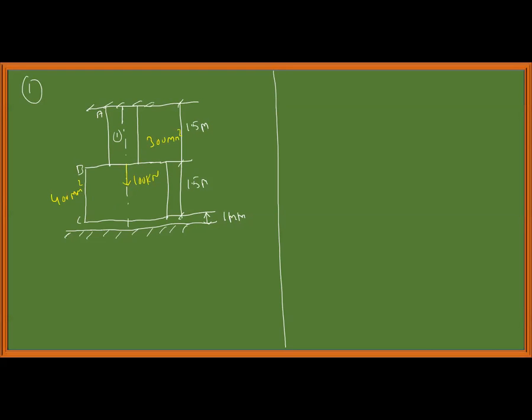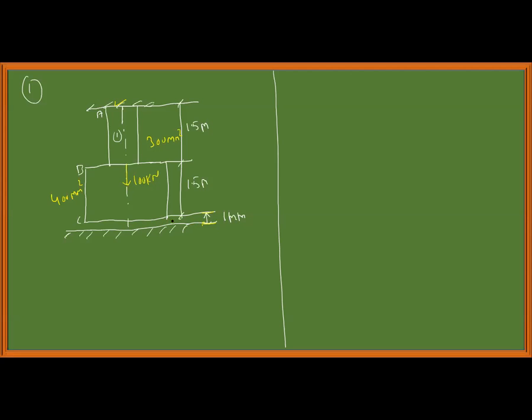It is rigidly fixed at A, and at C it is at a distance of 1 mm from the other rigid support. It is not coming into contact with the other rigid support. There is a gap between this support and the part BC, at C, of 1 mm.